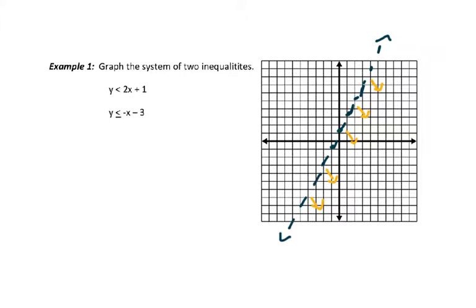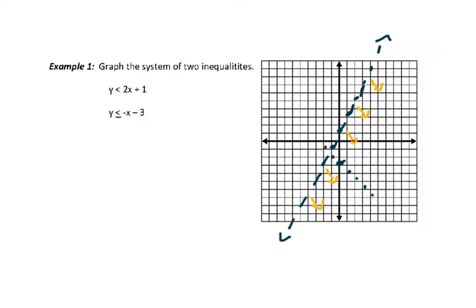All right, let's move to our next one. y less than or equal to negative x minus 3. For this one, I'm going to use my y-intercept again. My y-intercept is going to be at negative 3, so 1, 2, 3. From there, I'm going to go down 1, right 1, because I have a negative slope. So this line is going to be in this area. I'll go up 1, right 1.